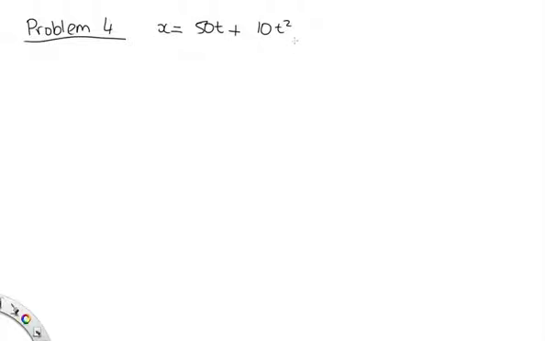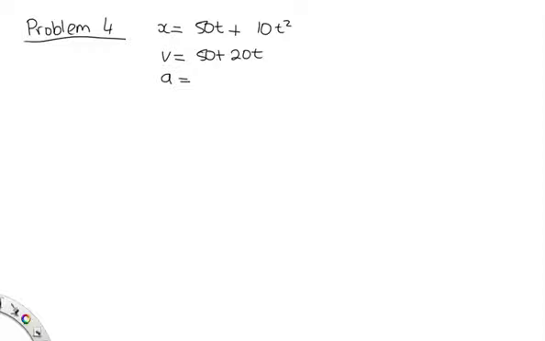A good way to start this question is to derive formulas for the velocity and the acceleration. To get the velocity, we just need to take the derivative of the displacement. So the velocity is equal to 50 plus 20t, and the acceleration is the derivative of this velocity.